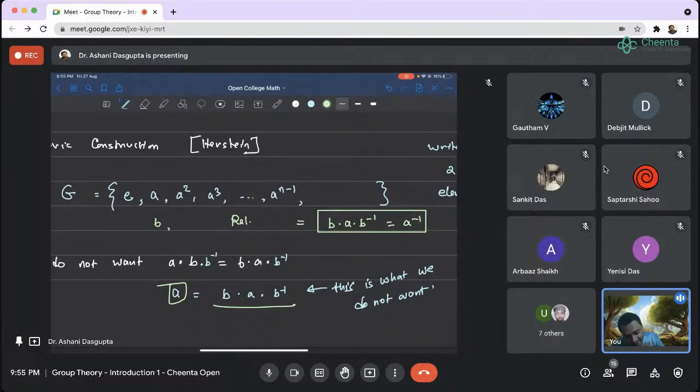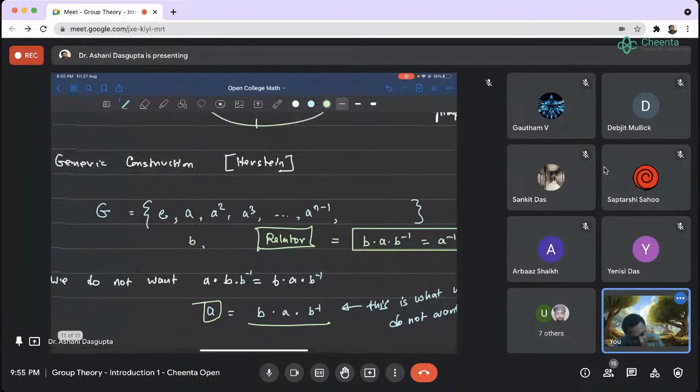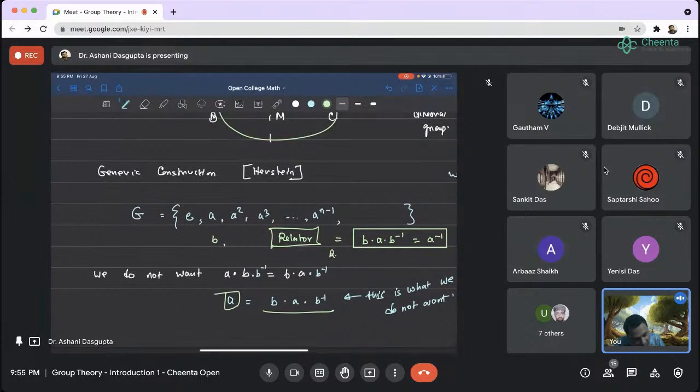This is the first example of a relator in group theory. If you know generators and relators, then you know that this is an example of a relator that Herstein is creating right now. If you have not seen the word relator before, don't worry about it. When we talk about relators, you will remember this and say, okay, this was good. So this is a rule that we created.